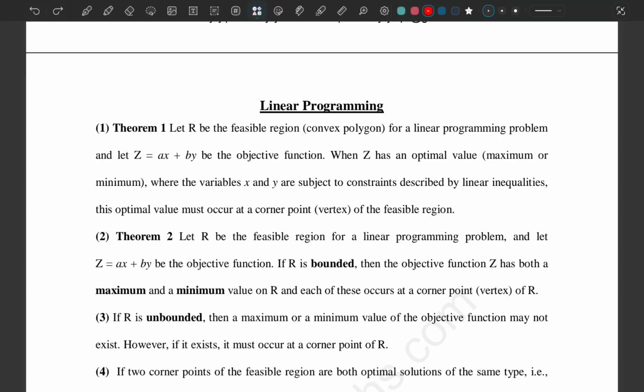So you just have to check them. If you find that successfully, then just take the corners of that feasible region, like the coordinates of the corners of that feasible region, and then you just have to check for x comma y.